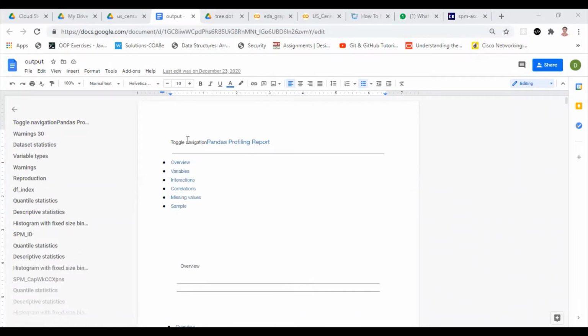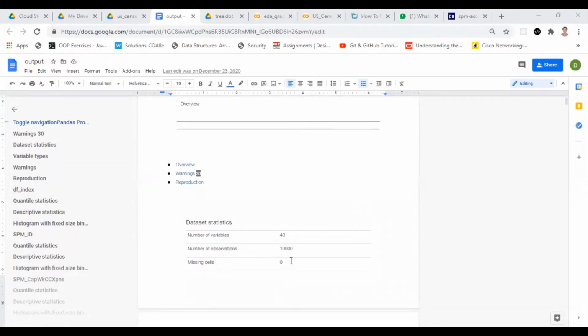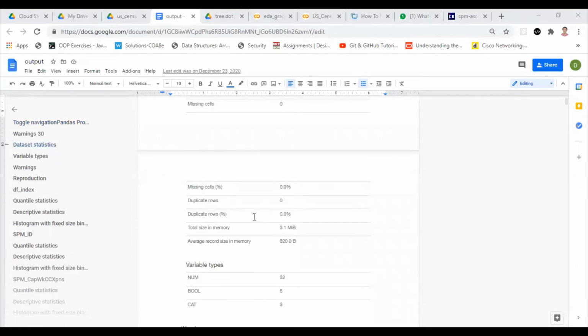Here is the pandas profiling report of the dataset. It can be seen that there are 40 variables in the dataset, and there are no missing variables, and there are also no duplicate rows.